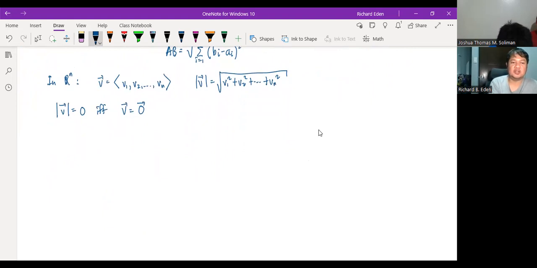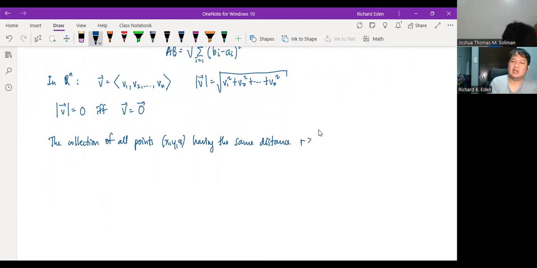Because if you consider the collection of all points x, y, z having the same positive distance from a fixed point C with coordinates P, Q, R, it's going to be a sphere, right?